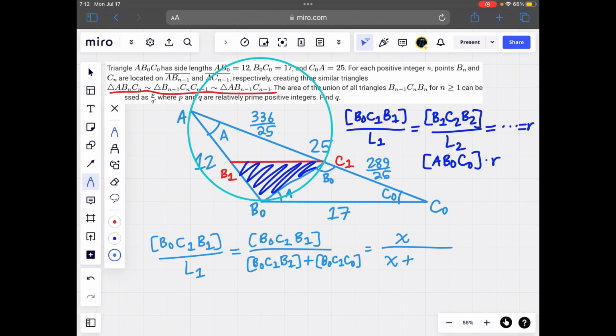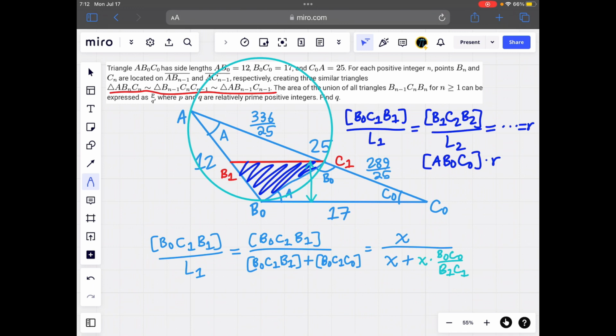Let's compare the triangles. Well, first of all, they have the same height. That is the distance between parallel lines B1C1 and B0C0. But they have different bases. And that is the ratio. We need to find the ratio between B1C1 and B0C0. So x plus x times B0C0 over B1C1.